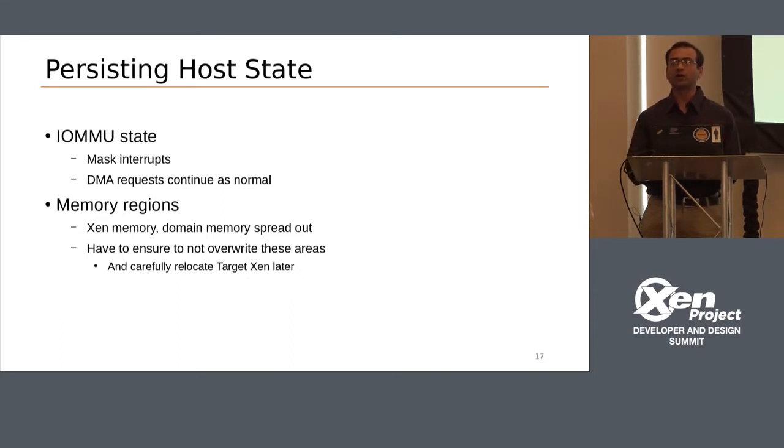So we need to identify these regions first, and then let the new target Xen know what these regions are so that it doesn't start overwriting these regions. And of course, relocate the target Xen binary to where it needs to be for execution later.